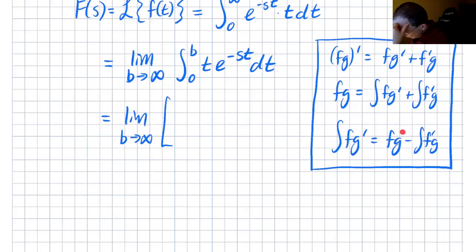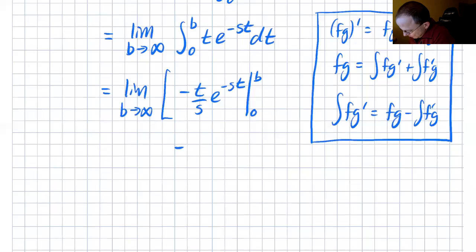The first thing I need to do is integrate this e to the negative st. So this is going to be t times negative 1 over s e to the negative st, which is the integral of e to the negative st, evaluated between 0 and b.